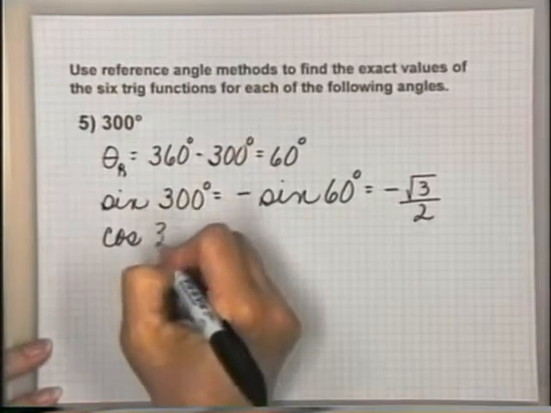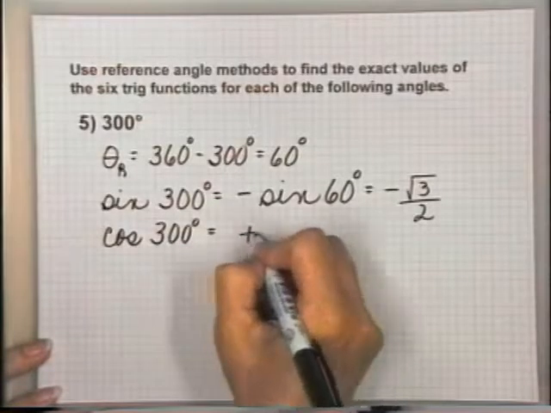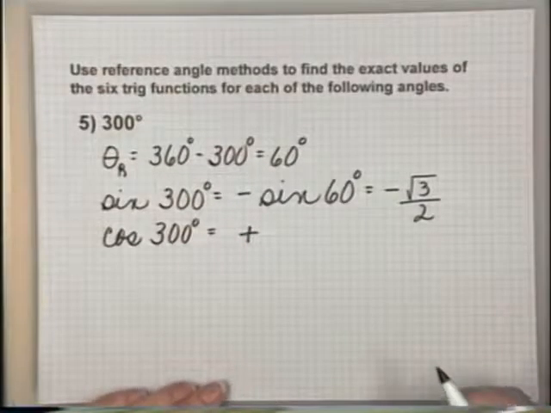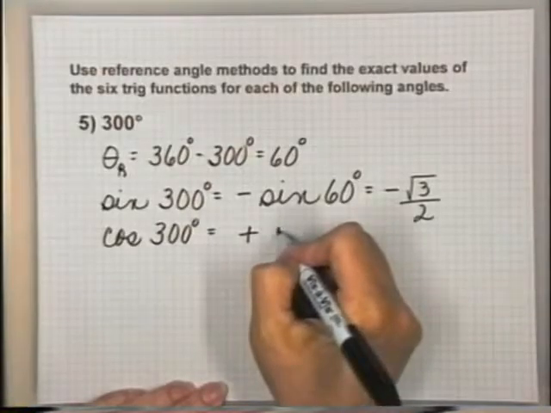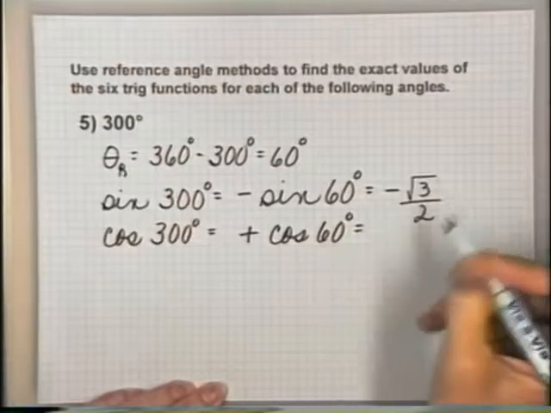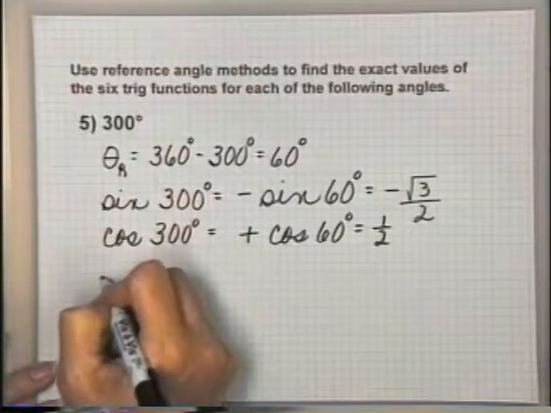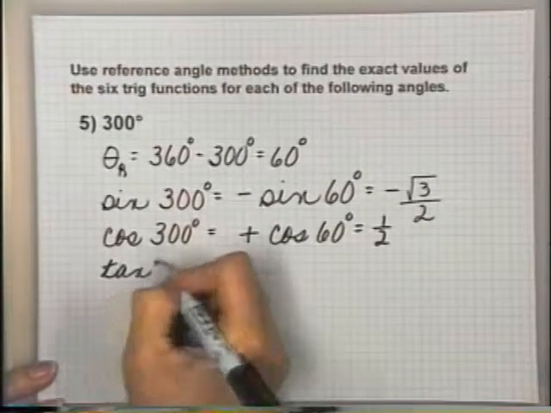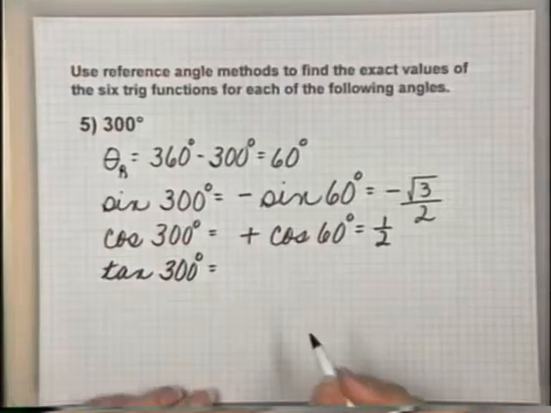For the cosine of 300 degrees, the cosine function of fourth quadrant angles is positive, so the cosine of 300 degrees will equal plus the cosine of 60 degrees, which is 1/2. What about the tangent function for angles whose terminal side is in the fourth quadrant?